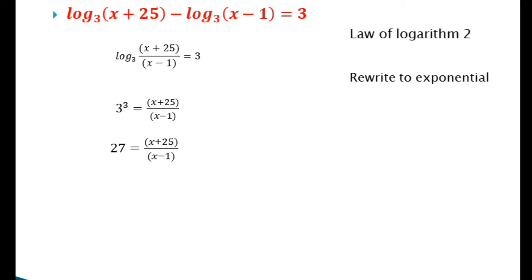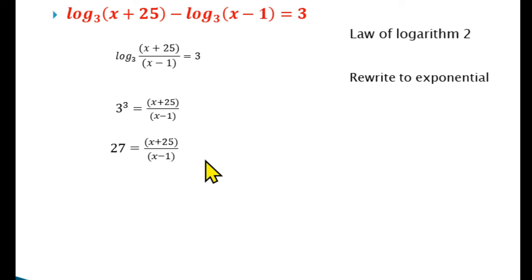To simplify our expression, we will eliminate the rational expression on the right side of our equation, that is x plus 25 all over x minus 1.